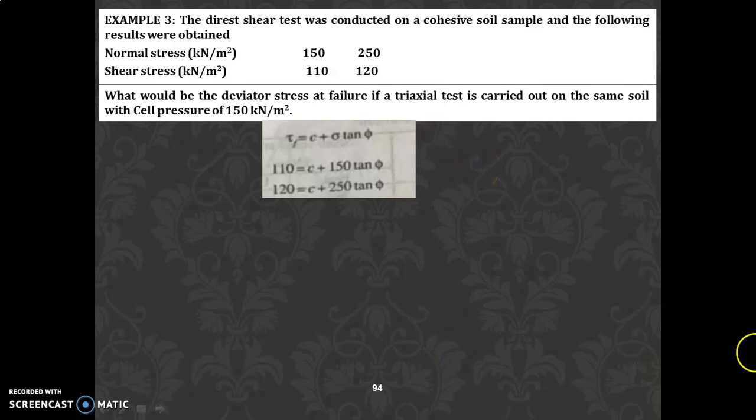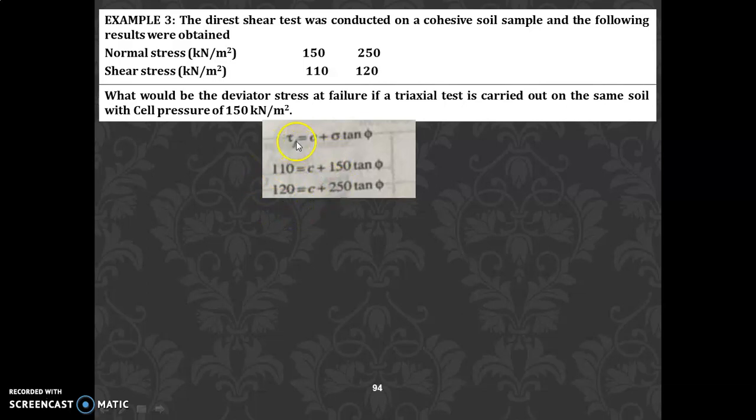Either you can draw the graph, normal stress versus shear stress, and from that graph you can find C and phi value. But here there are only two values, so easily you can use the equation and find C and phi. Okay, that is left to you. You can draw the graph and find C and phi, or you can solve the simultaneous equations.